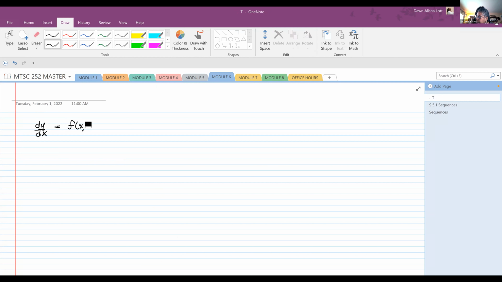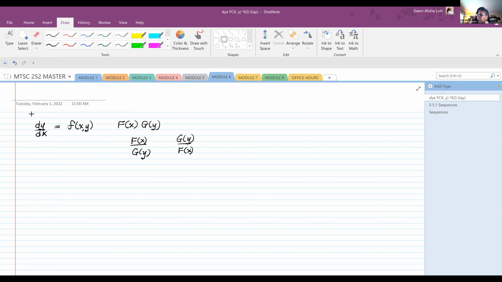And if you remember, f of x, y is either f of x times g of y, or it's f of x over g of y, or it's g of y over f of x. So either way, you want to be able to separate it. But Euler's formula says we're solving the problem that looks like this.